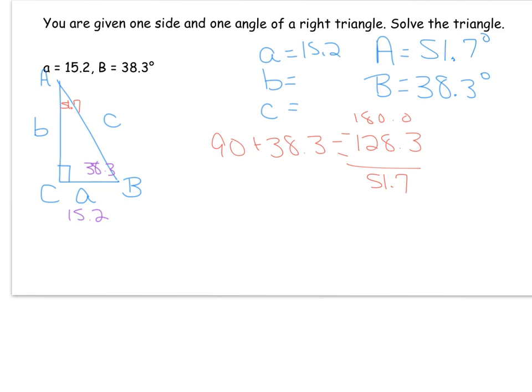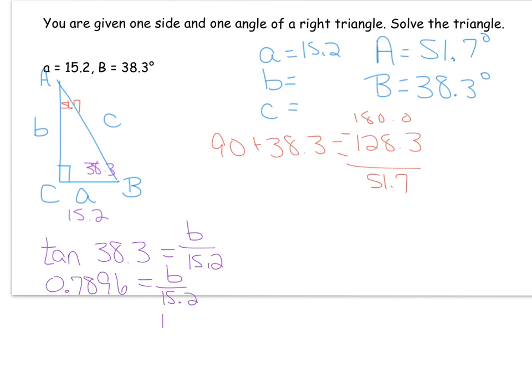I'm going to say that the tangent of 38.3 is little b over 15.2. And then I'm going to use my calculator. And the tangent there is 0.7896. And I get b over 15.2. I'm going to multiply both sides by 15.2.